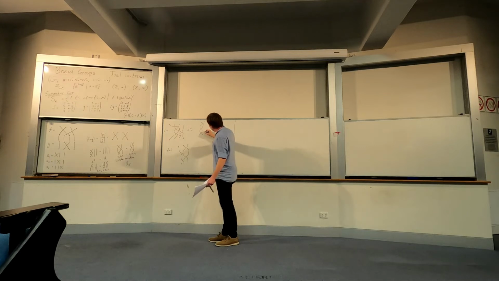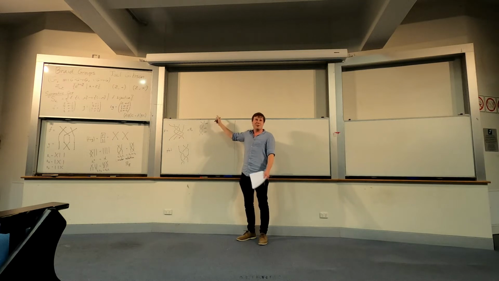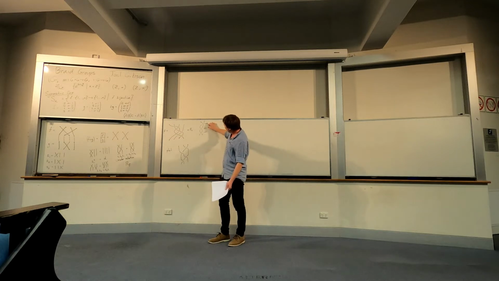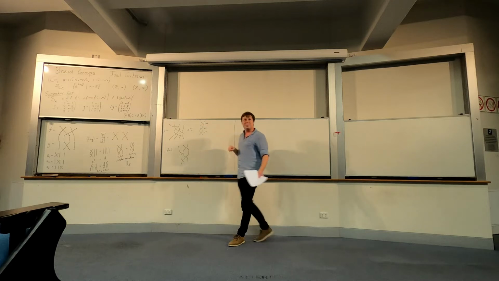You can see that maybe I call this over, this over again, under. I really just have to count the number of overs, subtract the number of unders, and that tells me what kind of braid it is. You can see here that this under and this over cancel each other out, because I can just push this past here.